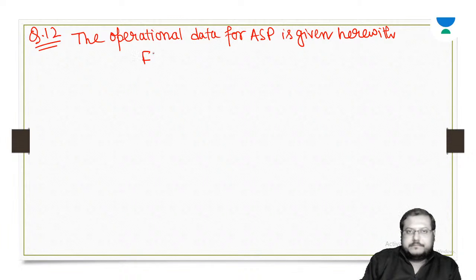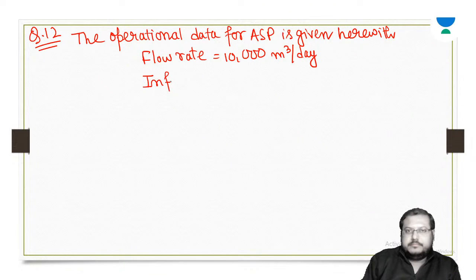Flow rate, 10,000 meter cube per day. Influent BOD, 150 milligram per liter.